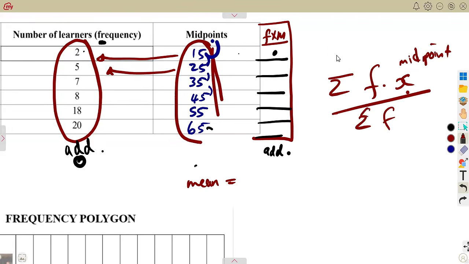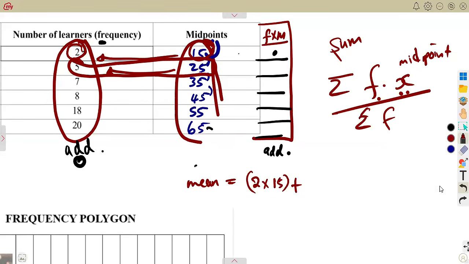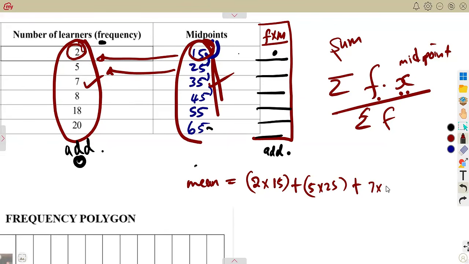The sum, meaning to say you add frequency times midpoint, frequency times midpoint throughout. So let's start: 2 times 15, sorry, 2 and 15, plus 5 versus 25. You multiply those two, 5 times 25, and so on. So this one is 7 versus 35.